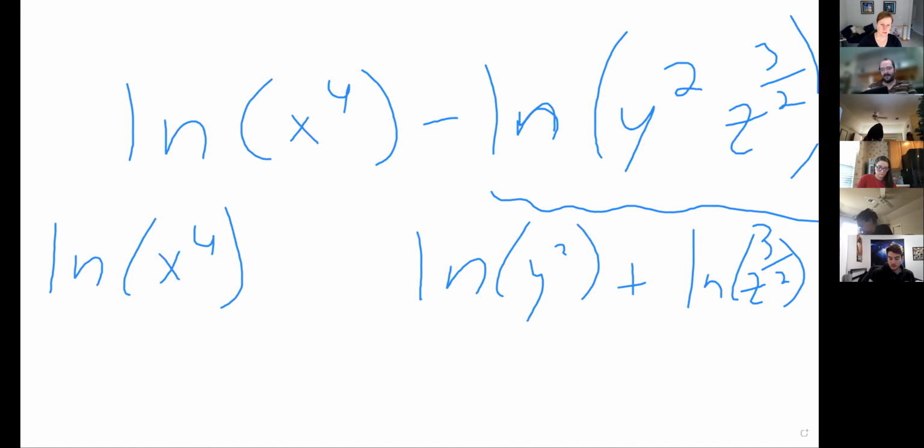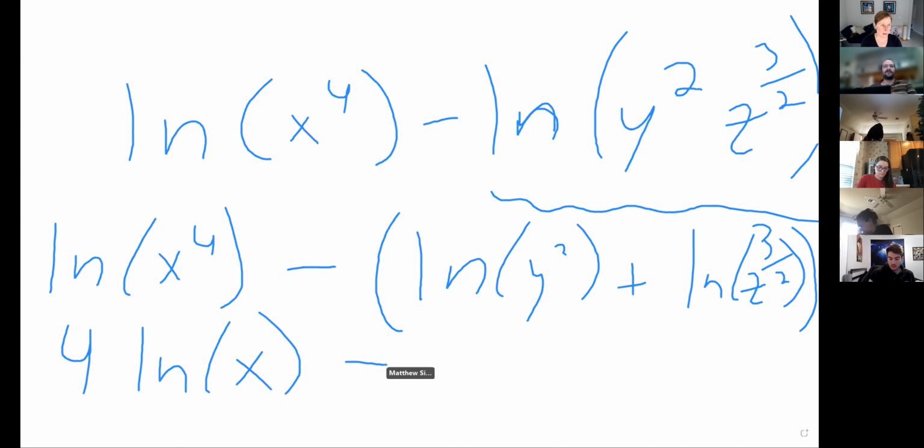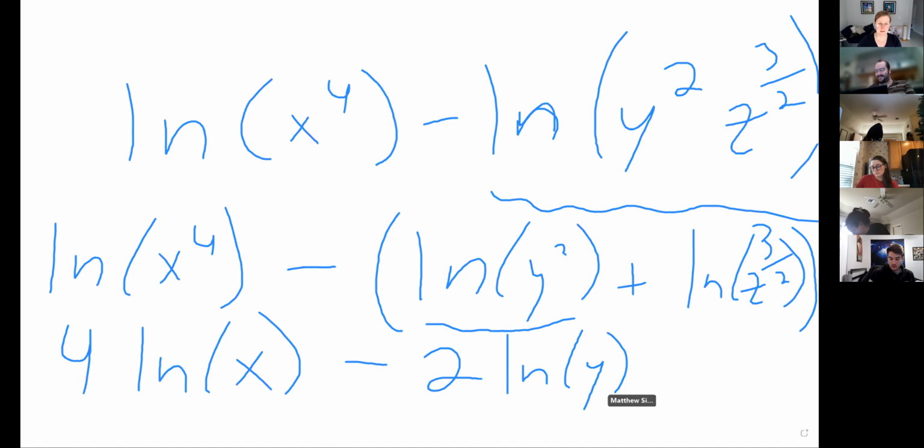And what about this thing? What should I do? This is one of the things I think will probably trip some people up. Do you need your brackets? Yeah, brackets, parentheses, something around. Sorry. Yeah, so this is 2 ln of y should be the first thing.